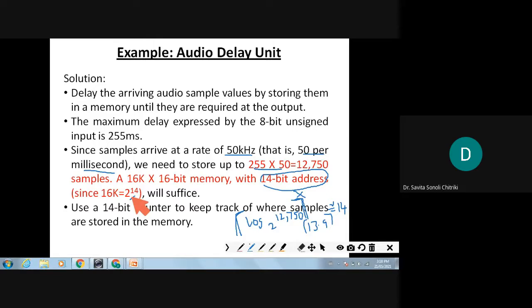2 to the power 14 is 16K. Are you getting this? 16K is 16 into 1024.